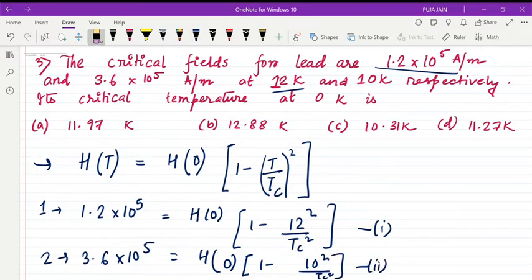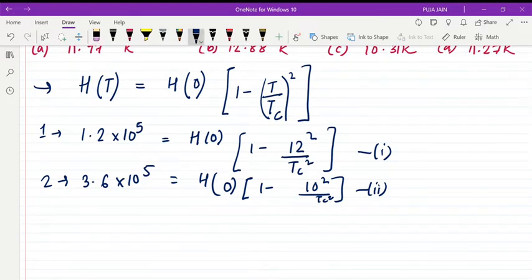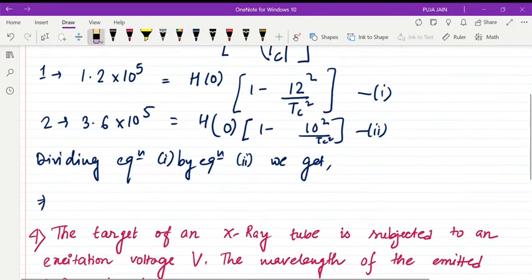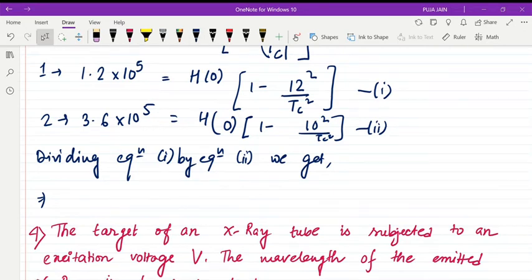Now we will divide these two equations. Dividing equation 1 by equation 2, we get 1.2 by 3.6.